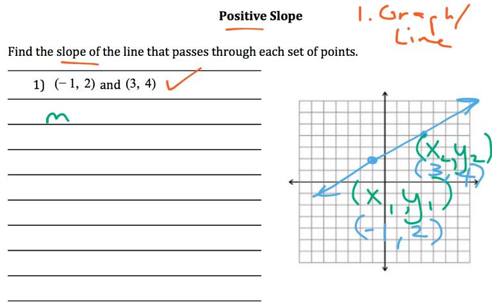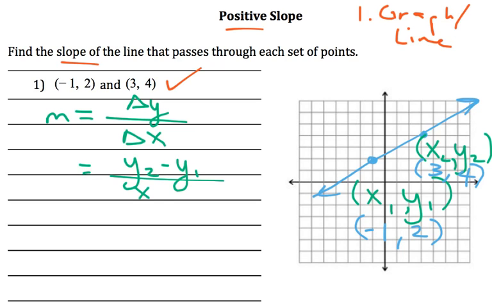Now, every time we do one of these problems, I want you to rewrite m equals. For this one, I want you to write delta y over delta x, just to remind you that the term delta means change. Then I'm going to put an equal sign, bring a fraction bar down, and write it the other way we've seen it: y sub 2 minus y sub 1 over x sub 2 minus x sub 1.